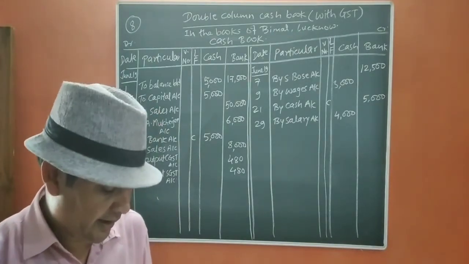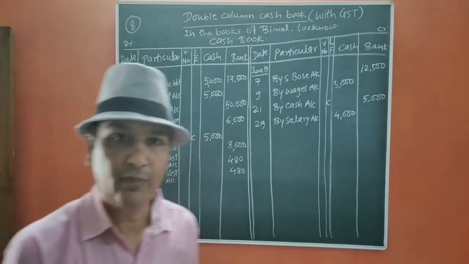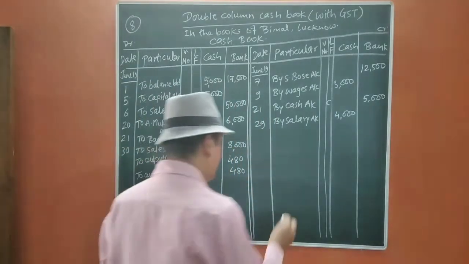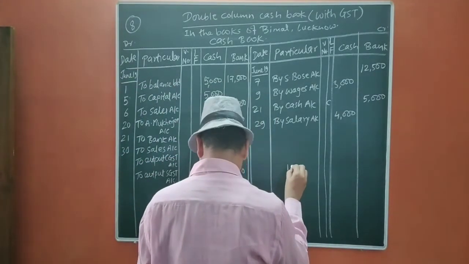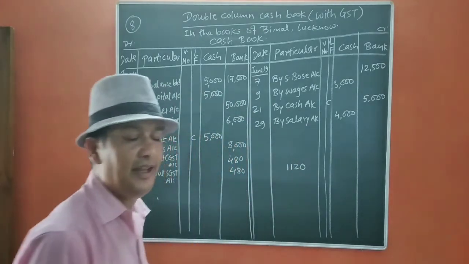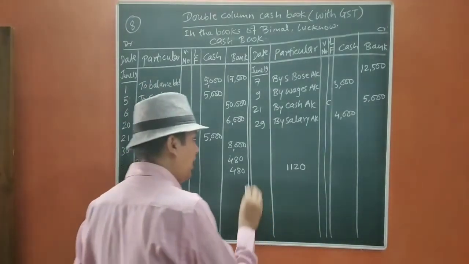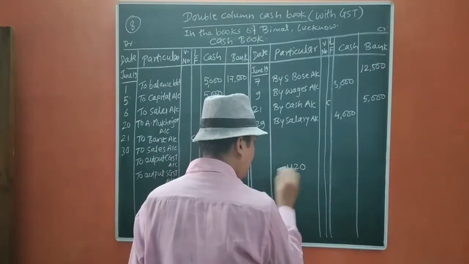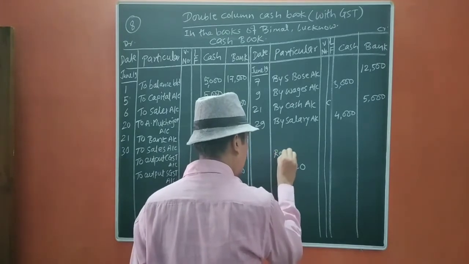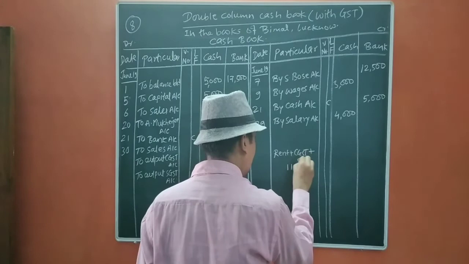paid rent by cheque including CGST and SGST at the rate 6% each. Now here you should remember that the GST has been included, it is clearly stated. So it is not the amount of rent only, but it is rent plus CGST plus SGST.